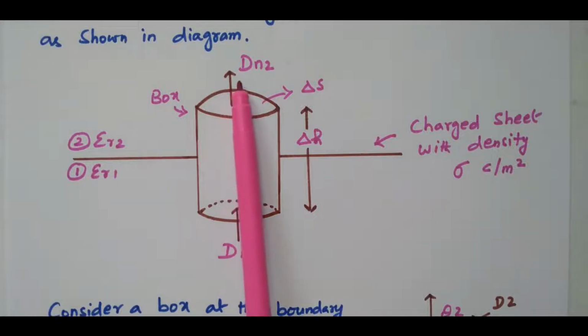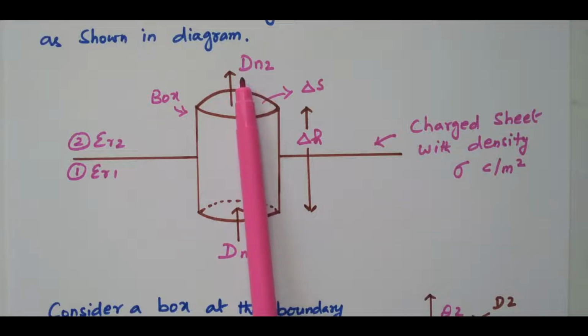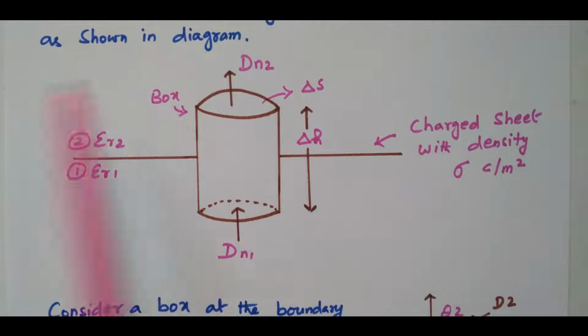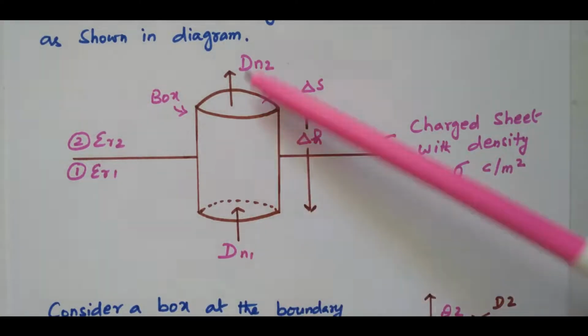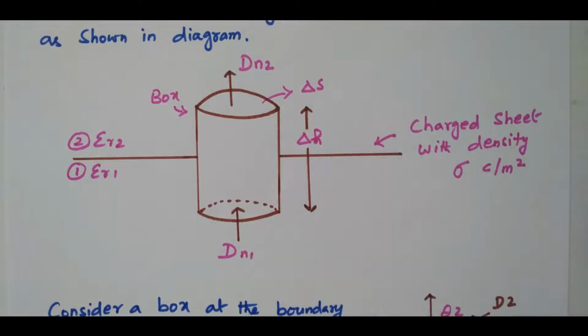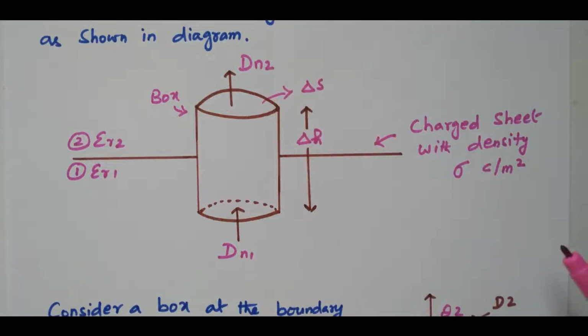But Dn2, the normal component of displacement density vector, is leaving this box in the second dielectric material. Entering in the first dielectric and leaving in the second, we will analyze whether both are equal, or if there is any change between Dn1 and Dn2. That is our analysis.